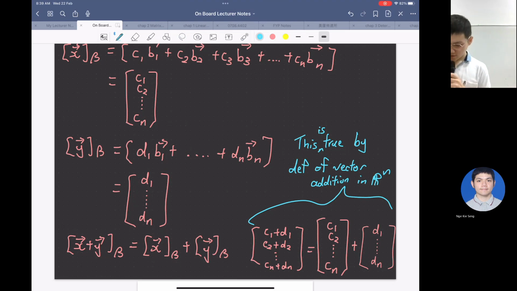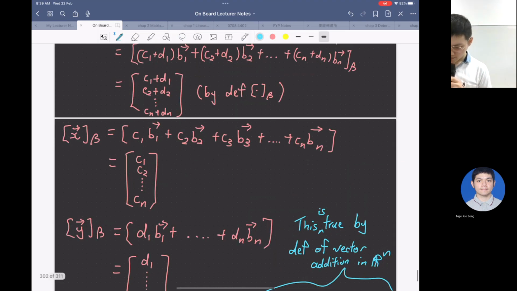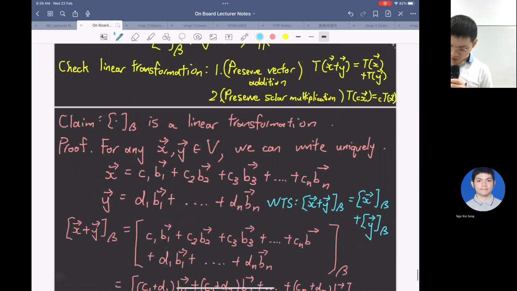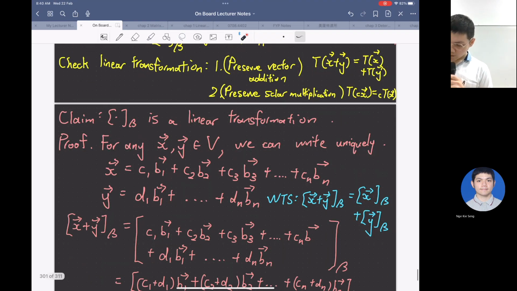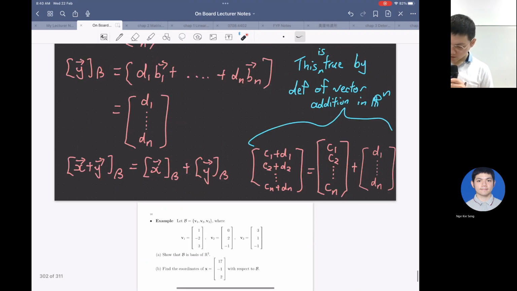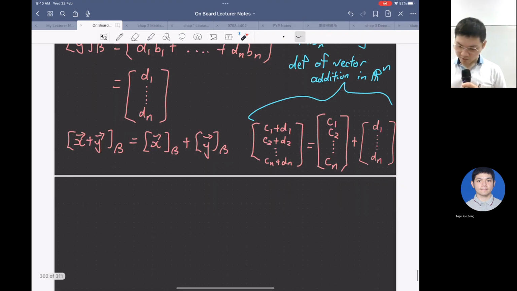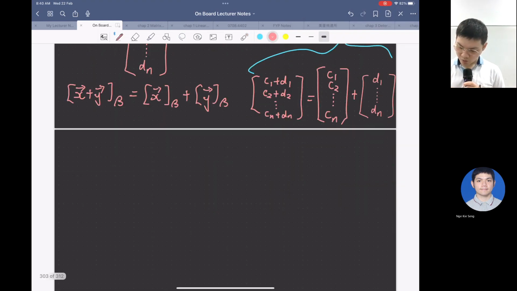So we have that the coordinate vector is a mapping and it preserves vector addition. For scalar multiplication, what do you do?